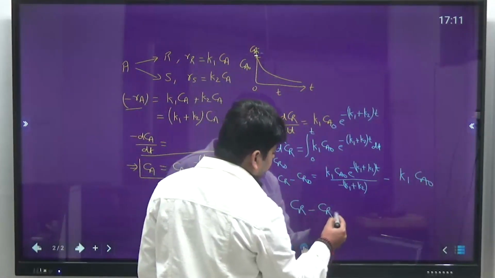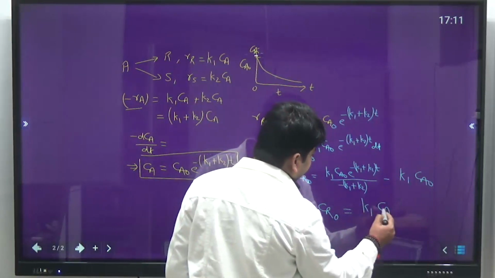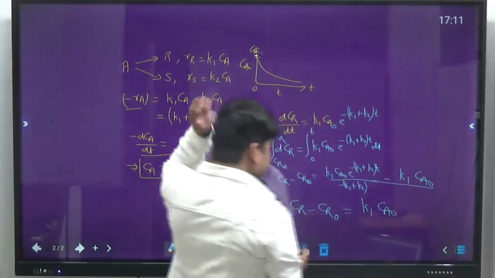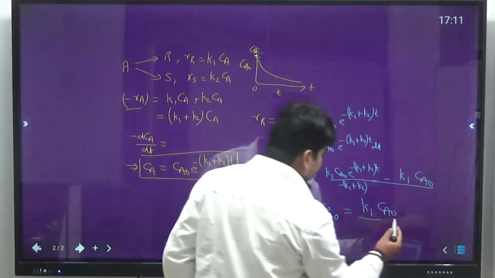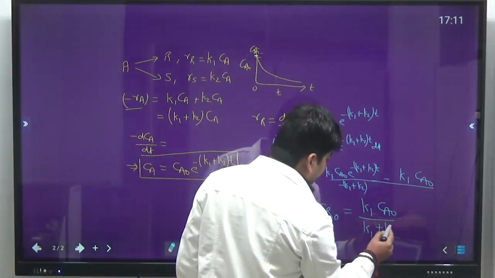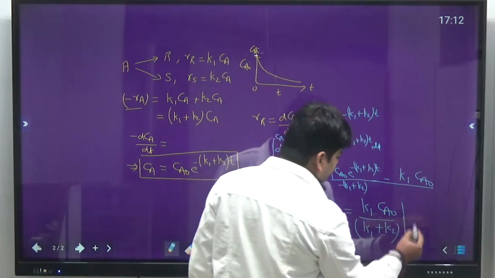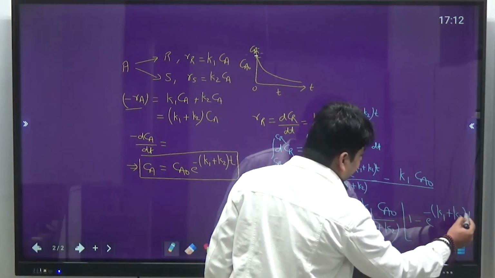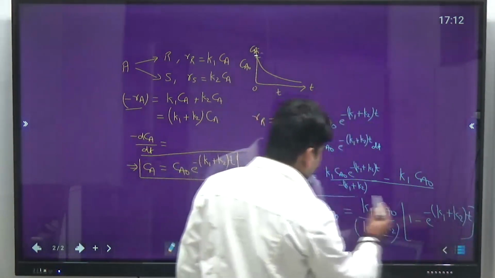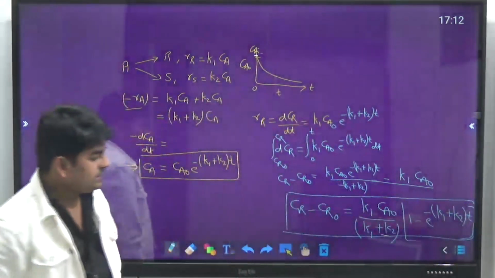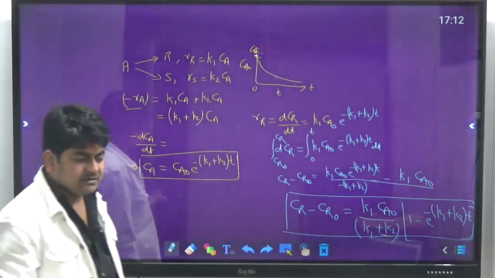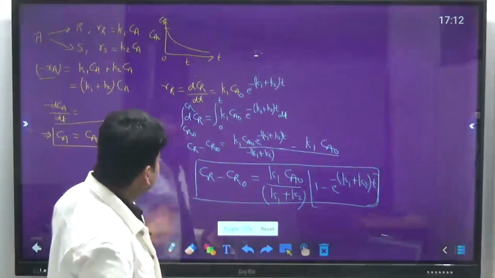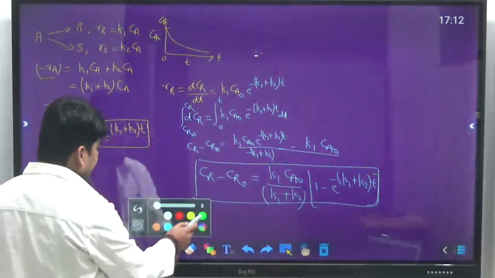Ultimately you can say Cr minus Cr naught is equal to K1 Ca naught, this will be in the denominator, over K1 plus K2, times 1 minus e to the power minus of K1 plus K2 times t. Simple. That's how you can get the design equation of R, the kinetic equation in terms of R.